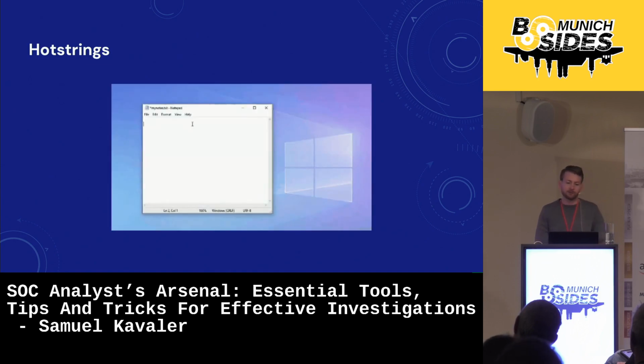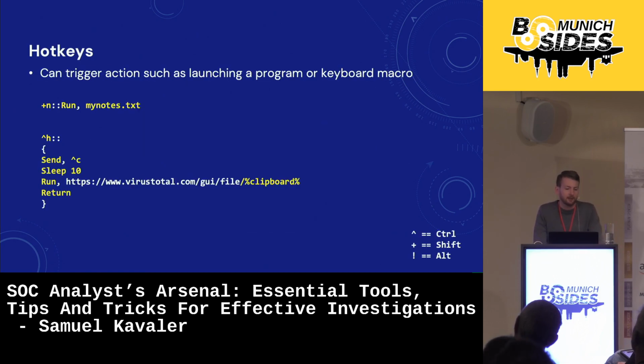Before we also talked about some reputation engines, and I want to talk about the hotkeys, which is another functionality of AutoHotkey. Hotkeys are basically actions or triggers that enable an action, usually running some kind of program or a macro. On the first line, I have an example of a one-liner, which is basically opening my notes.txt in my default text editor by pressing Shift-N.